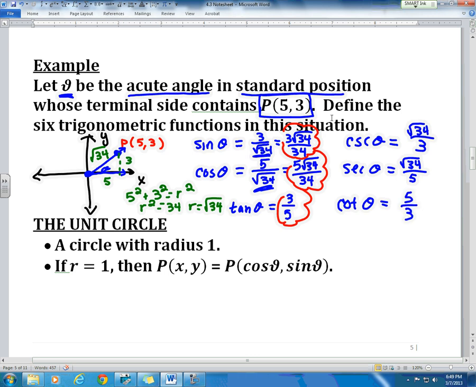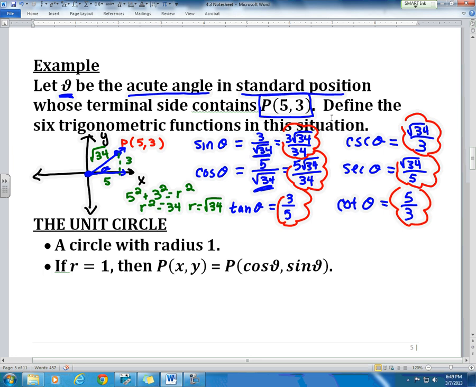So you notice that just knowing a point and knowing that the terminal side of an angle, an acute angle, passes through that point P, I'm able to find that distance r, and I'm also able to find the 6 trig ratios for the situation that's described.